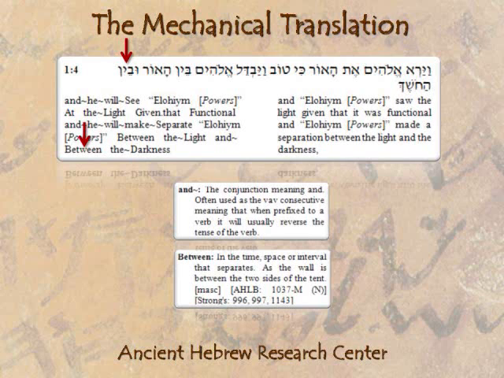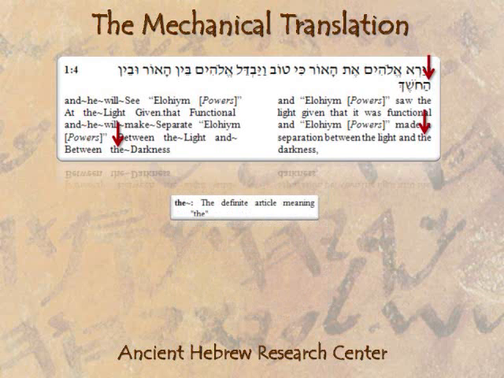Notice that the Hebrew and mechanical translation, which faithfully follows the Hebrew, uses the word between twice, but the Revised Mechanical Translation only uses it once. This is because Hebrew will say between the light and between the darkness, whereas in English we'll only say between the light and the darkness. So the Revised Mechanical Translation will not use the second occurrence of the word between.